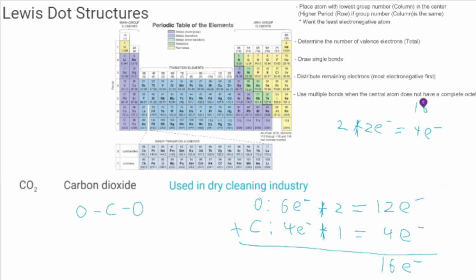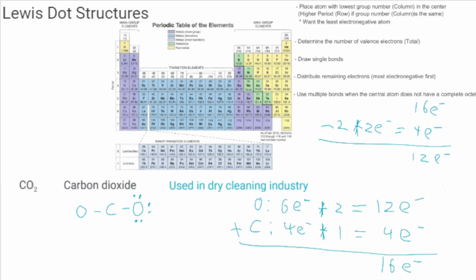If we subtract that from our original 16 valence electrons, that's going to give us 12 electrons to work with to try to make everything obey the octet rule. So I'm going to start off with our oxygens. So we're going to go 1, 2, 3, and I start pairing them up, 4, 5, 6. This oxygen has 8 electrons around it, 2 in the bond, 6 in the dots.